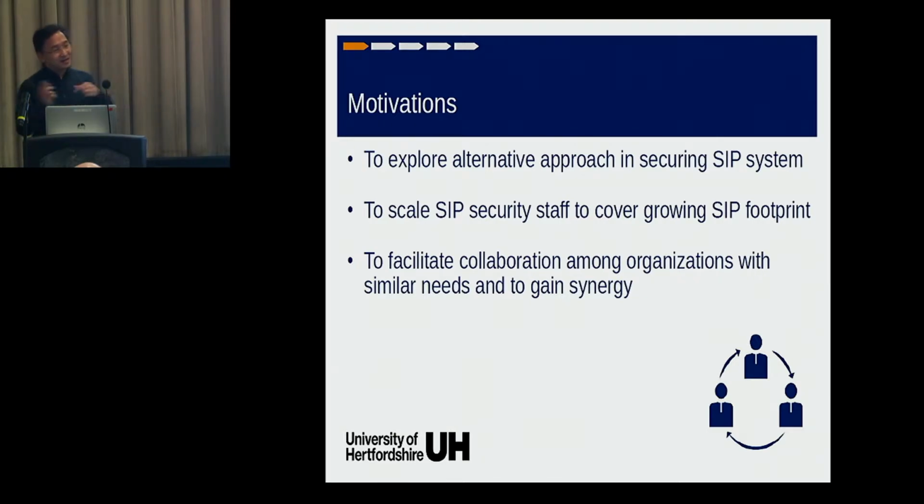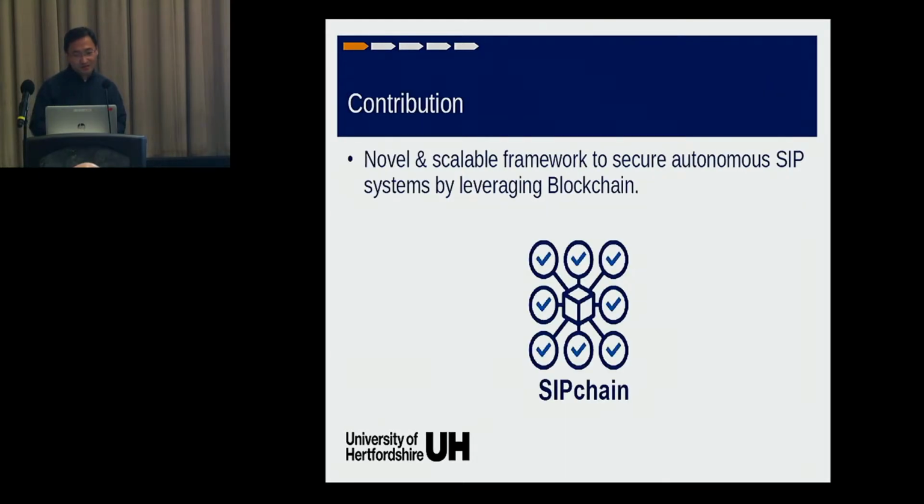So the idea is, why don't we work together, create a consortium, and share this threat intelligence among ourselves so that it's useful for us, right? But so far today, there is no way for us to collaborate together. So the motivation is to create a framework so that we can all collaborate, share threat intelligence, be proactive, and scale the operations of securing the SIP infrastructure, okay?